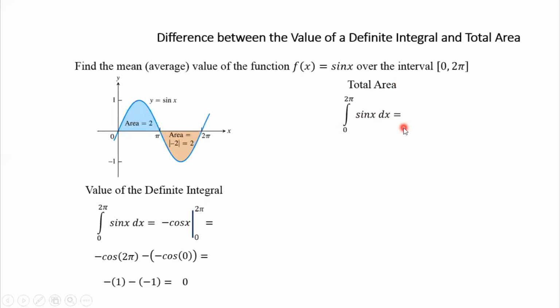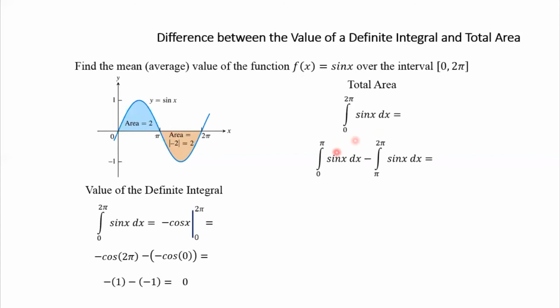Using the additivity property, meaning we integrate this one from 0 to 2 pi, and since we know that 0 to 2 pi is just equal to 0 to pi and pi to 2 pi, we use the additivity property.